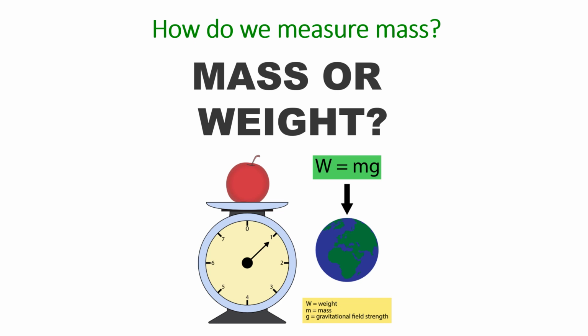So yes, we measure mass on scales and we get a reading in grams and kilograms, but that's not the same as weight, because weight, we need to factor in the gravitational field strength, and that varies depending on what planet or star or asteroid that we're on, but let's save that for another video.